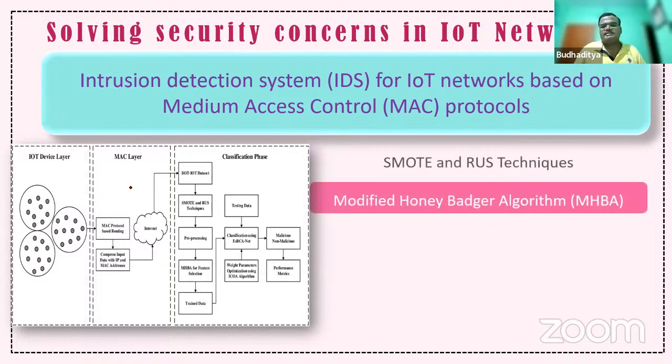After it is done, we are sending it to something called the modified honey badger algorithm, which is nothing but an optimized algorithm for feature selection. Those who are not aware of feature selection: out of that data set, there will be multiple parameters, in this case 47 parameters, and 7 lakhs of data. Naturally, we cannot take all of that into account while simulating because it would be very computationally inefficient.